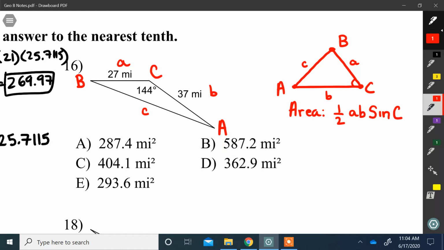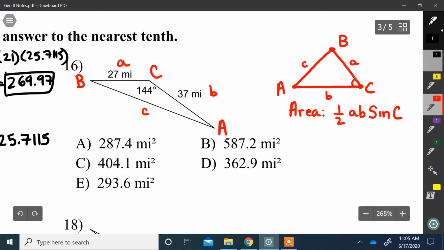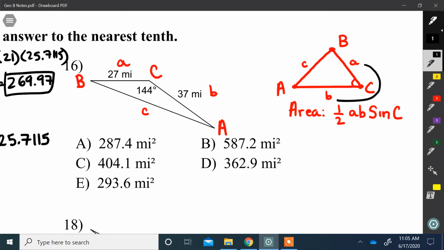I know it's kind of confusing there, but the idea is that the C is in the middle of A and B.